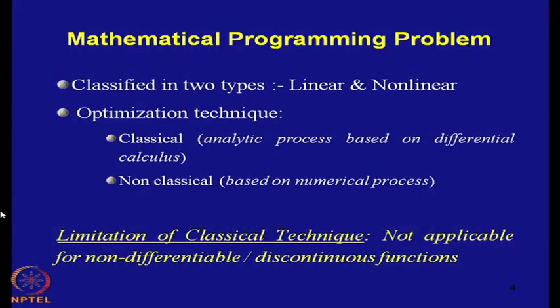That is why one thing is important here: the functions involved in the mathematical programming problem must be continuous and differentiable. We should get the first order differential at least, and the higher order differentials as well, otherwise the classical optimization technique is not applicable. That is the limitation.